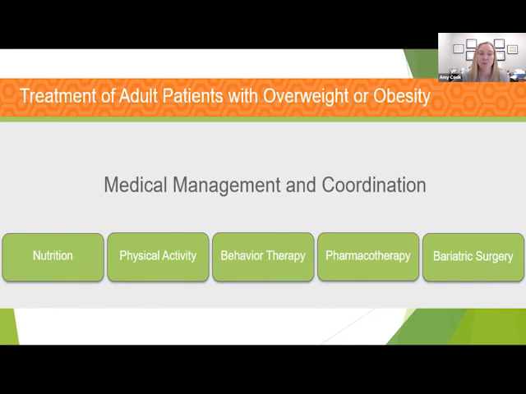But these four pillars include nutrition, physical activity, behavior therapy, and pharmacotherapy. And each of these has a different role, and they can act as its own little piece of the puzzle in the treatment of obesity. And each one has a different effect and benefits that the other pillars may not have too.